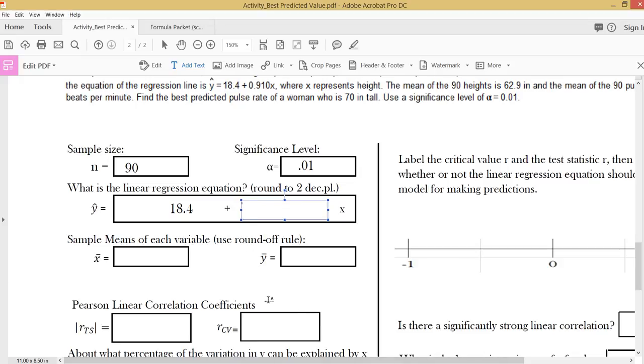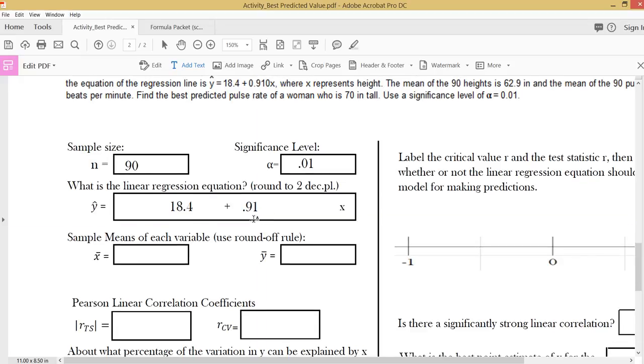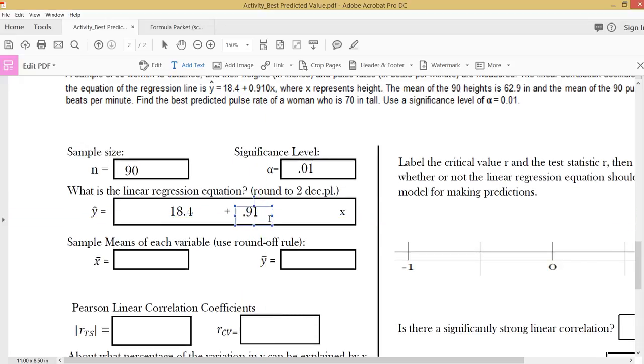The slope is 0.91, and that'll be times x. I don't know why I provided so much room here. It's clearly much more than I need. It's kind of awkward looking. So the 0.91 is the coefficient of the x term.